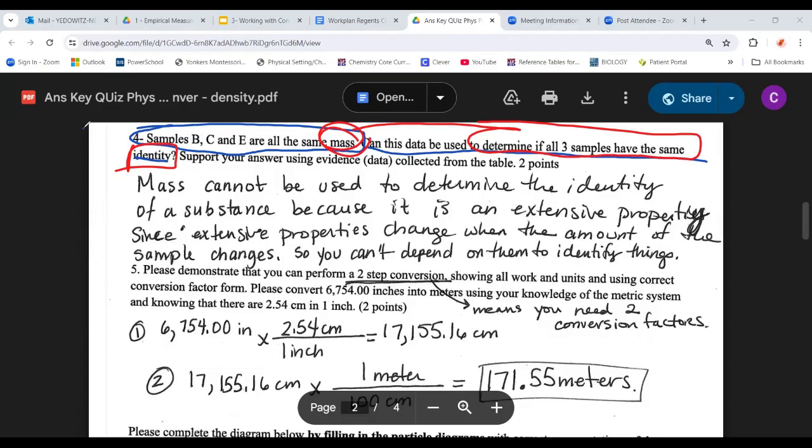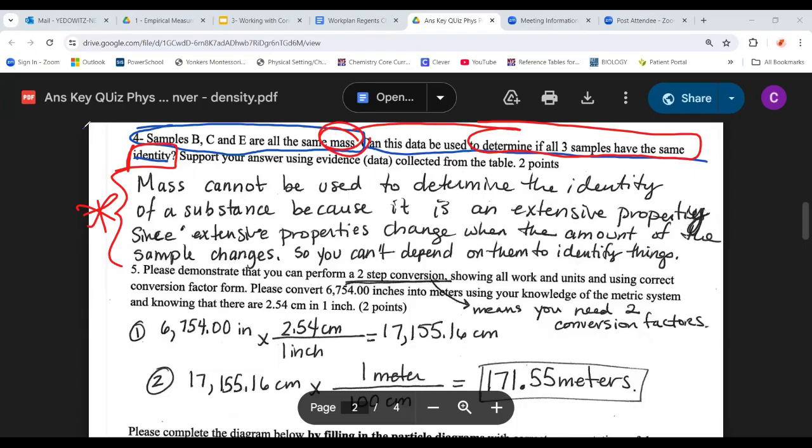Mass cannot be used to determine identity of substance because it is an extensive property. Extensive properties change when the amount of the sample changes, so you cannot use them to identify things. This is actually more of an explanation than they would typically even ask for on a Regents. I gave a pretty advanced answer because I'm the teacher, so I have more advanced ability to do that.